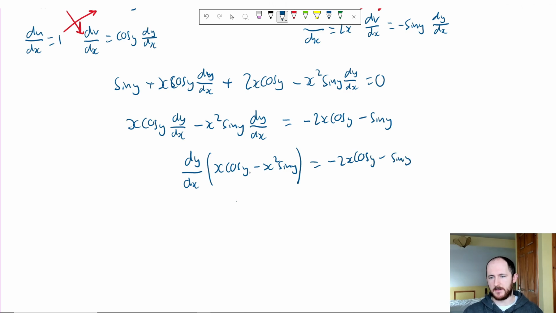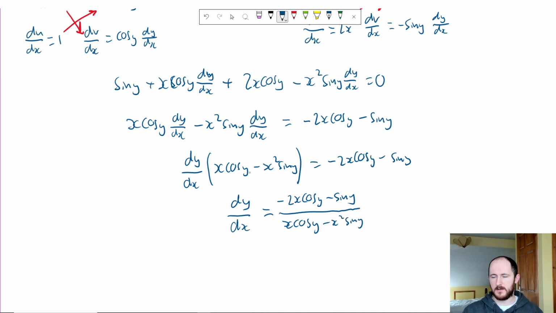And then just divide it over, and we're finally done. Now, yes, this is absolutely hideous, but remember, that's okay, right? Maths can be hideous sometimes, but this is the correct answer. We're doing everything great, and that's it.